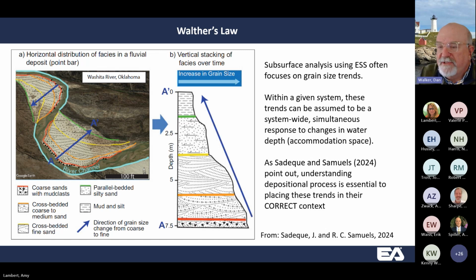Then as you go up the slope into what's referred to as a point bar complex, you get a series of finer and finer deposits. So if you look at this and pretend this is your well, you've got coarser material at the bottom, overlain by some very distinctive sandstones with very distinctive sedimentary structures like cross beds and so forth.